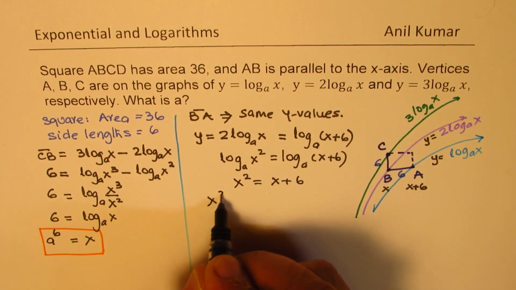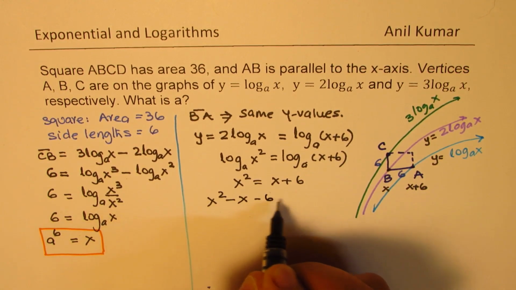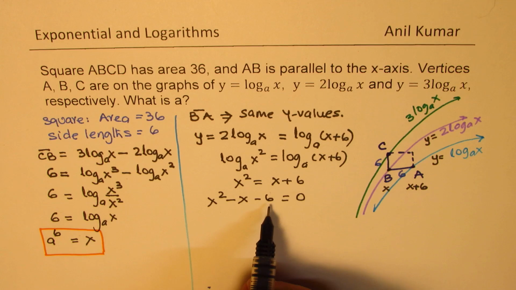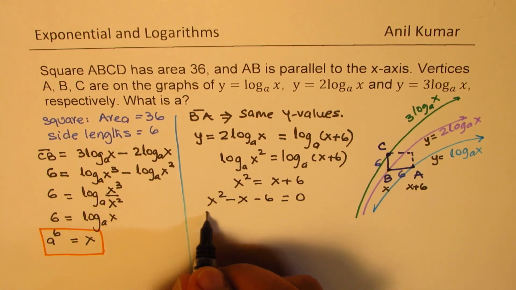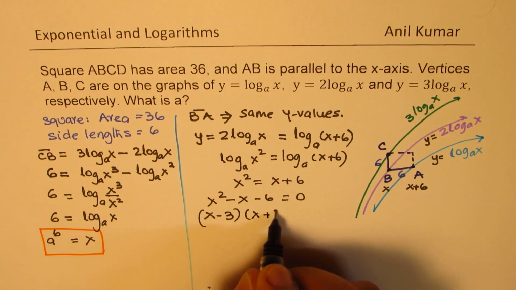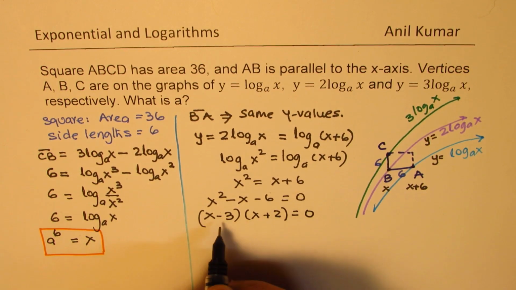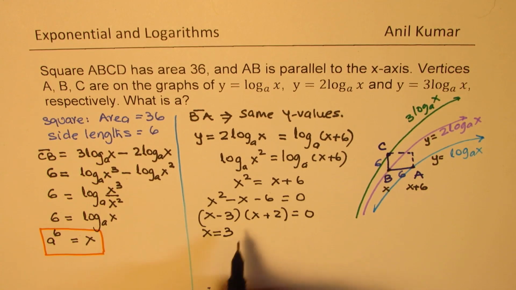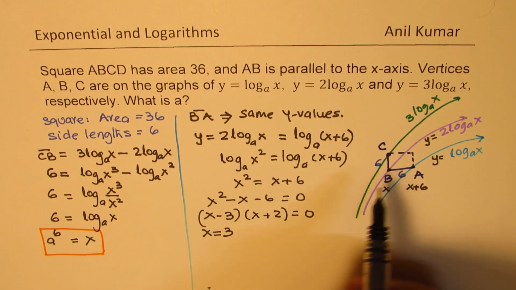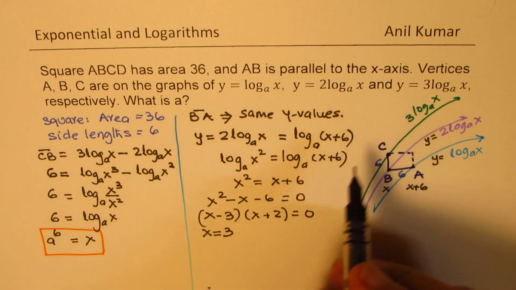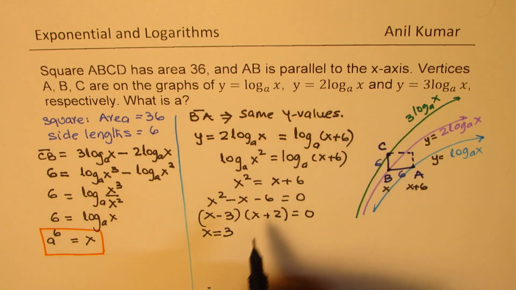Bringing them together, we get x squared minus x minus 6 equals 0. 3 times 2 is 6, so we could write this as x minus 3 times x plus 2 equals 0. That gives us x equals 3, since a valid x has to be positive. For logarithmic functions, we know x has to be greater than 0.